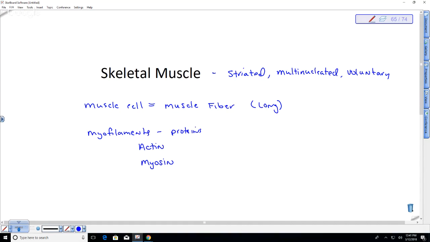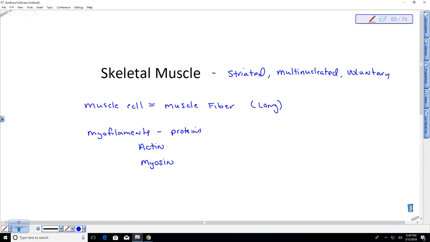The myofilaments and their arrangements cause the skeletal muscle to be striated, and it's these filaments that allow muscle contraction. So myo means muscle. Filament in this case means a protein. So this is why muscle tissue is so high in protein: it's filled with myofilaments.